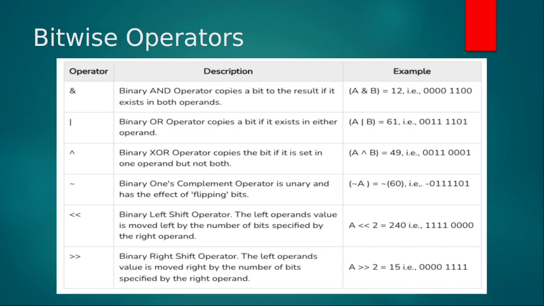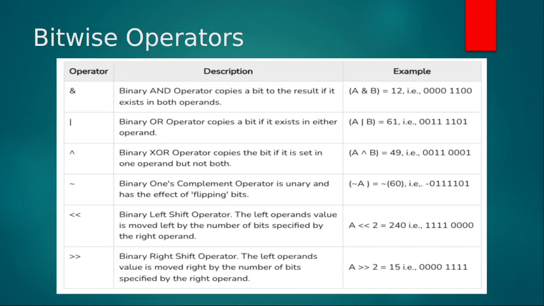And we also need to understand bits. Bits are the smallest storage unit, and a bit can only take a single binary value, which is either 0 or 1. So 8 bits make up 1 byte.